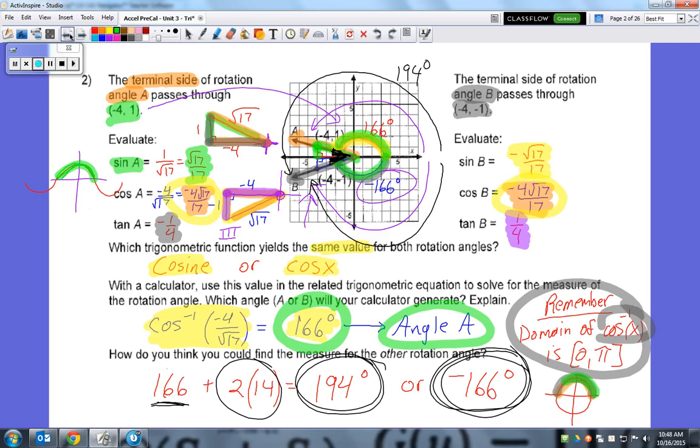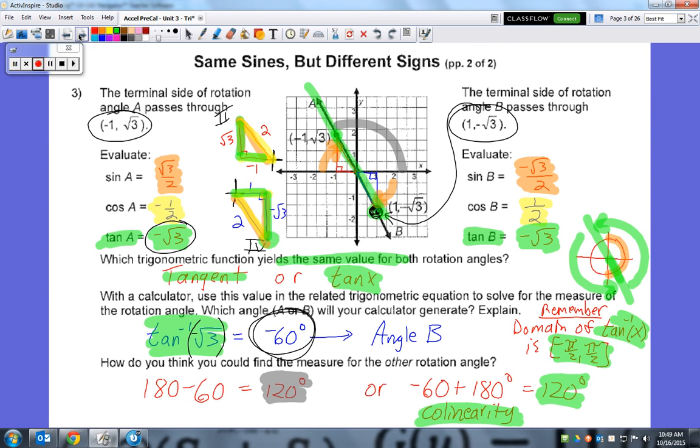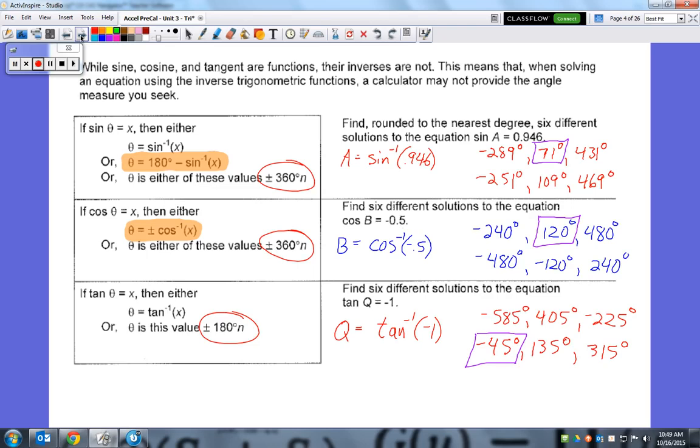They don't create that line, if you will. As you can see over here, there's not a line amongst this that shows both answers. They're not collinear. The same with the arcsine. They're on two different lines on the graph and on the unit circle. Whereas the tangent, they are collinear. Just something to introduce of what we're going to get into very soon.